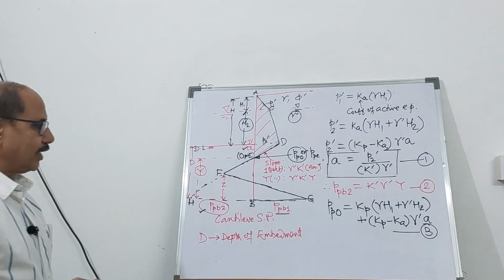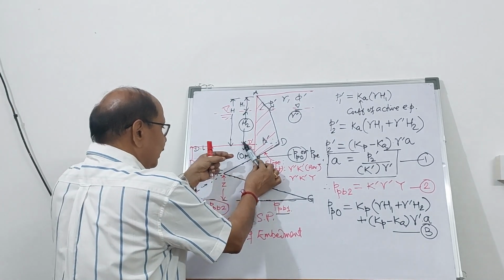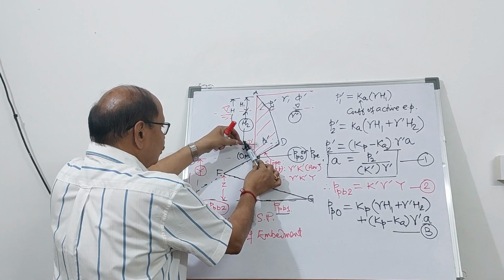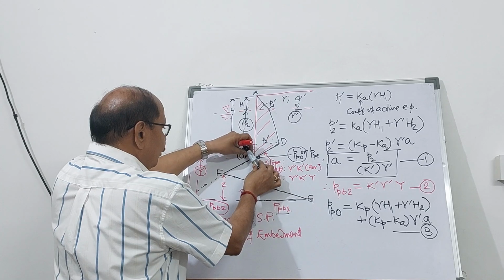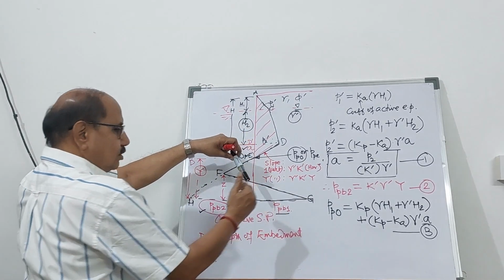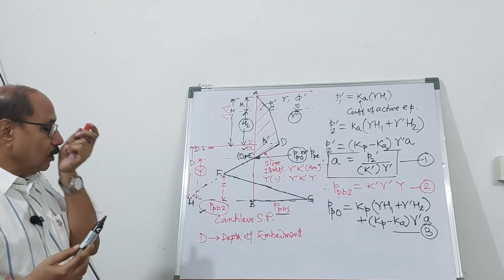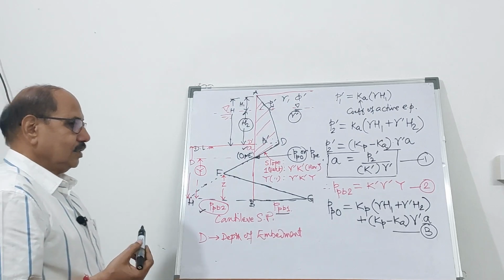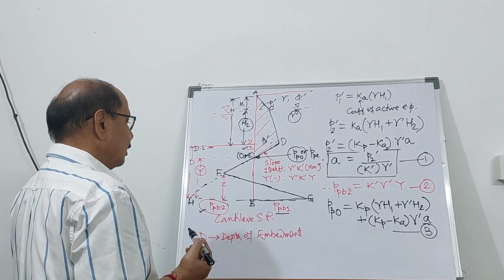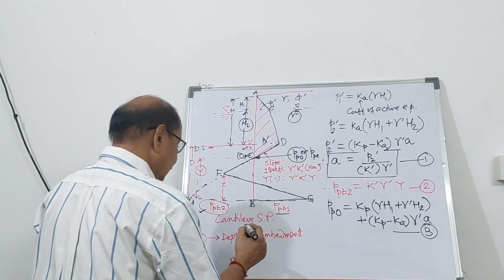So let's calculate PPB1. Now this is going to deflect like this. So the sheet pile is going to deflect like this, and therefore below O, this side it is going to be compressed, and this side it is going to be in active condition. So PPB1 can be calculated quite easily. Let us calculate PPB1.